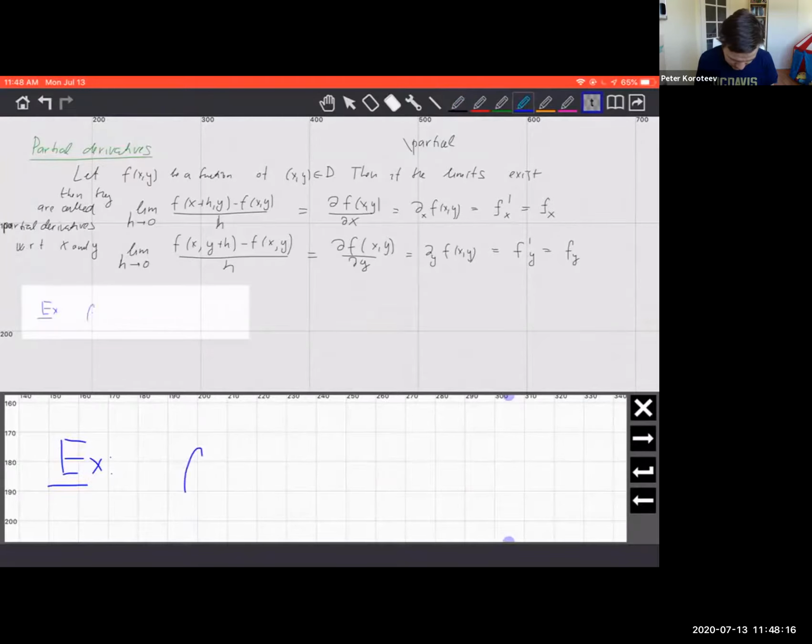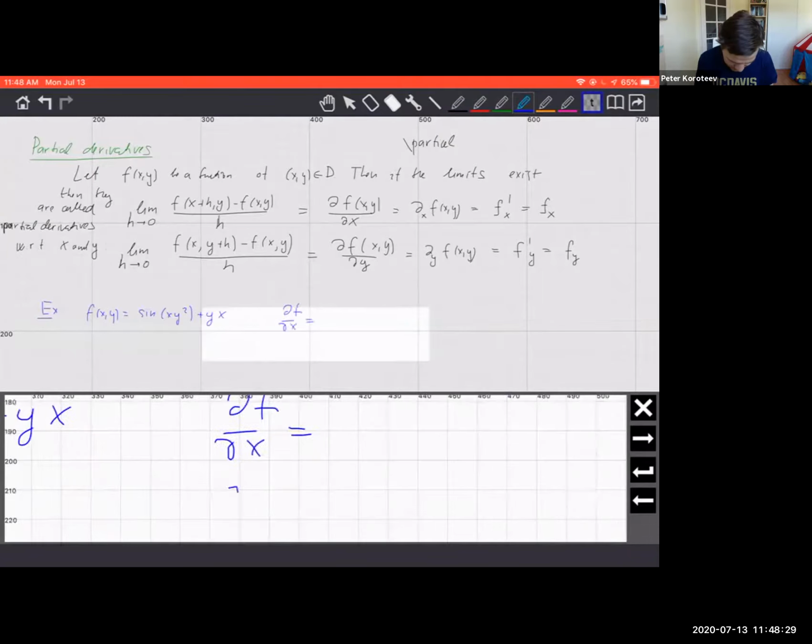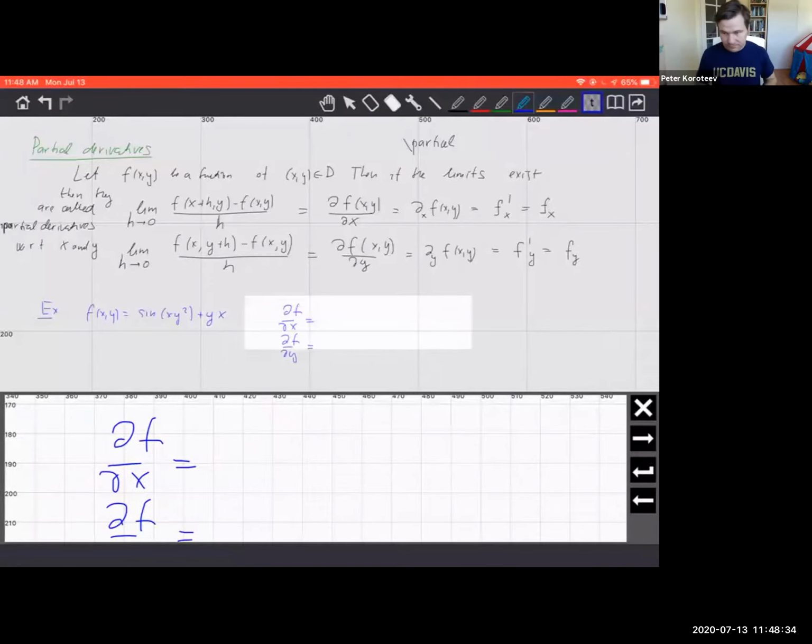So, let's say f of x, y is equal to sine of x y squared plus y x. What's df over dx? What's df over dy? Can you tell me?